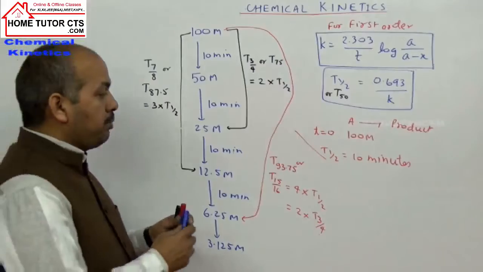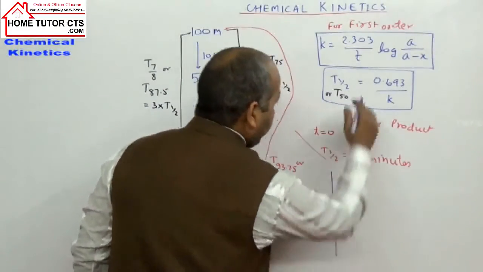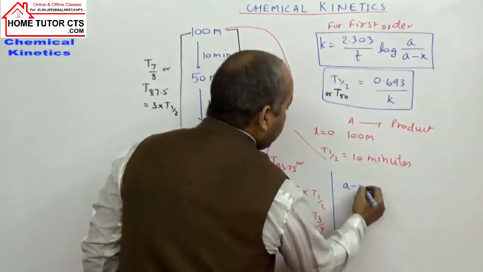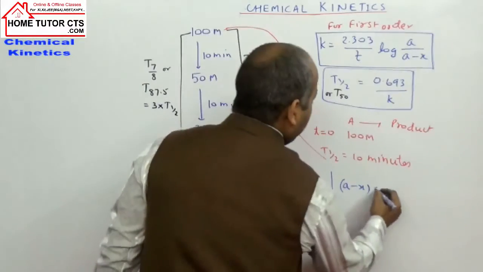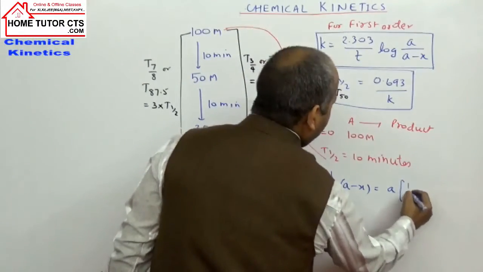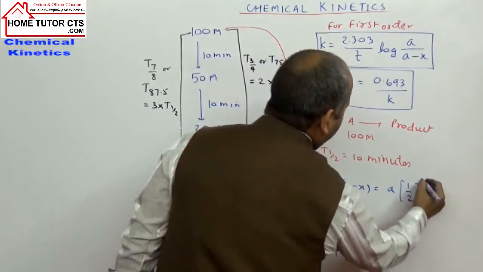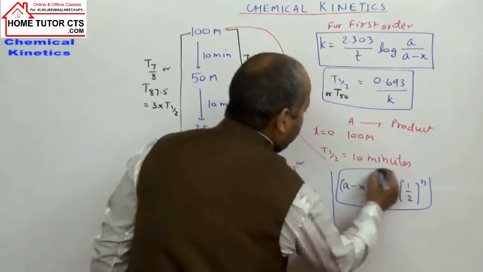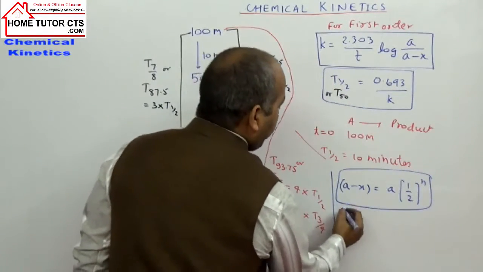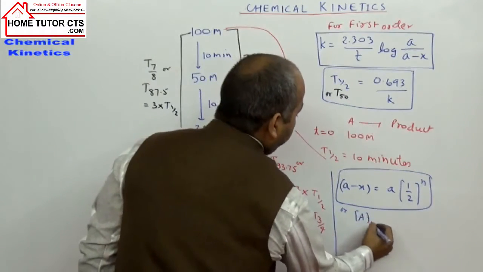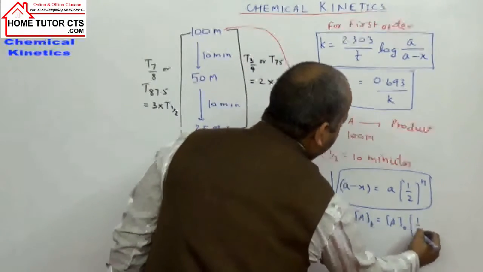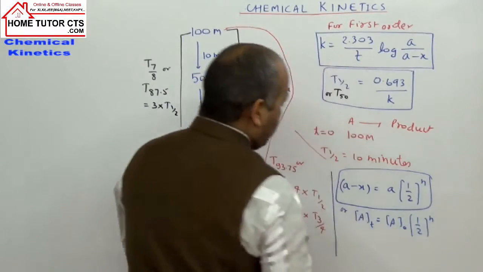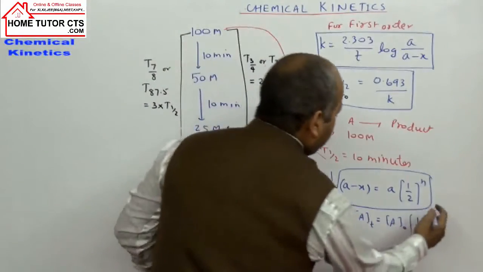How to find the fraction remaining? By the expression taken from here, a minus x, the fraction of the amount of the reactant remaining, will be initial concentration power 1 into 1/2 power n. We also write this expression as the concentration of A remaining at time t is initial concentration into 1/2 power n. They are the same expressions.